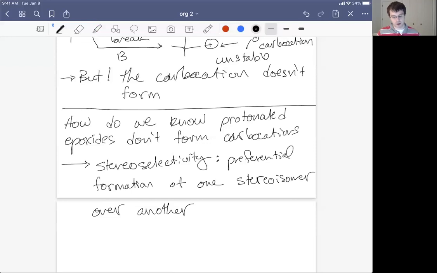Now what is required is that if a carbocation is involved, carbocations are, as far as I can tell, I can't think of a really good example that's not super complicated, but carbocations in general are not chiral.